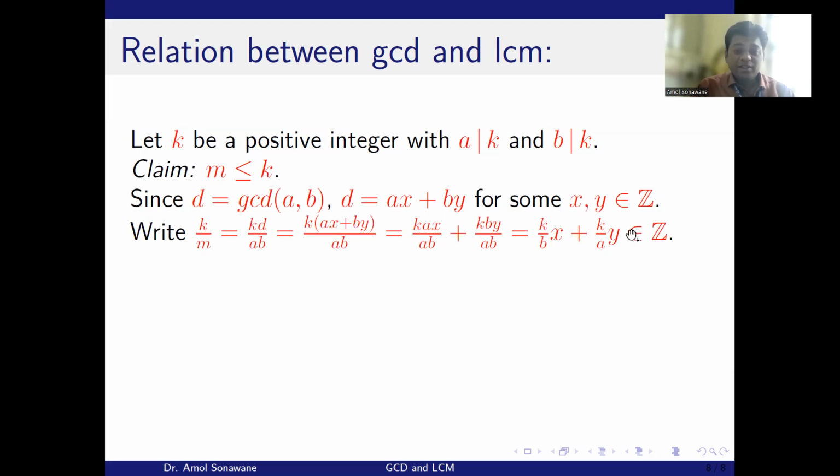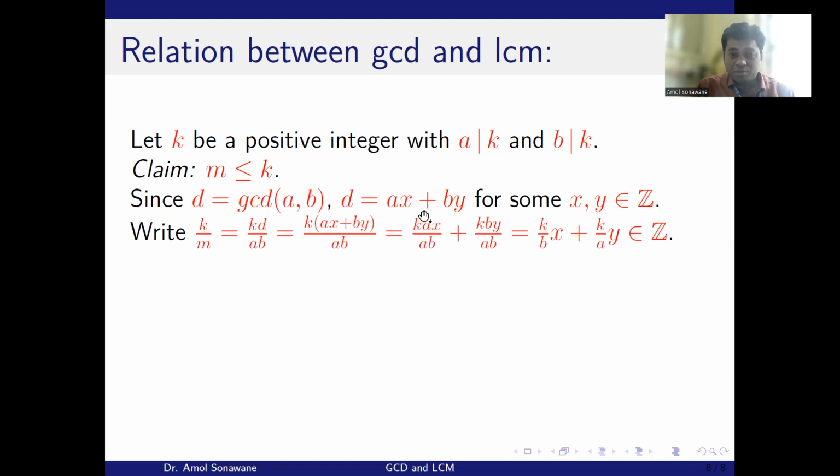So we can write k by m is equal to kd by ab, since we have m is ab by d. Replace d by ax plus by. Then by separating the denominator, we get kax by ab plus kby by ab.